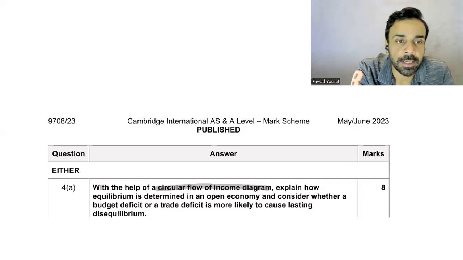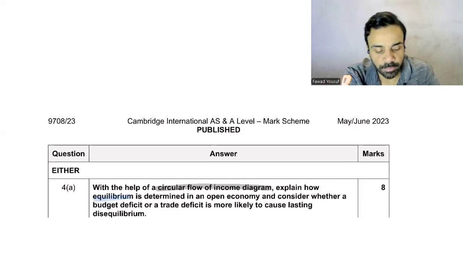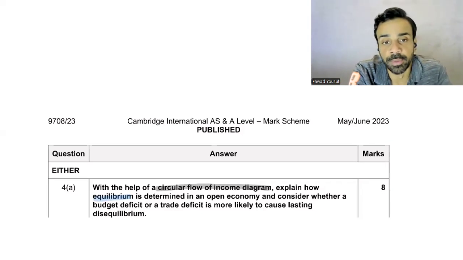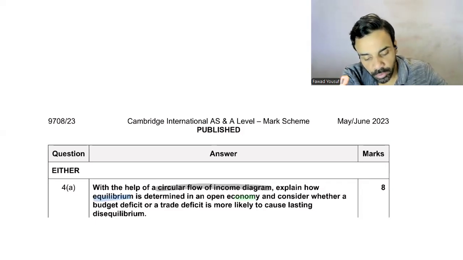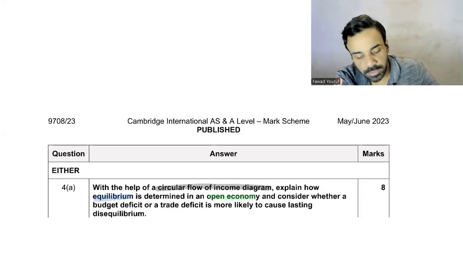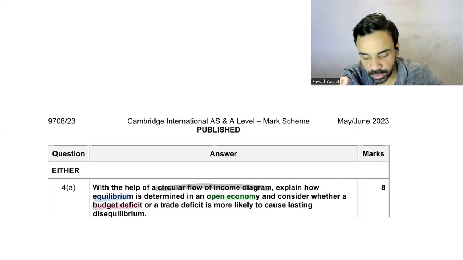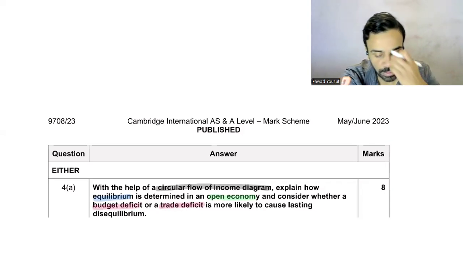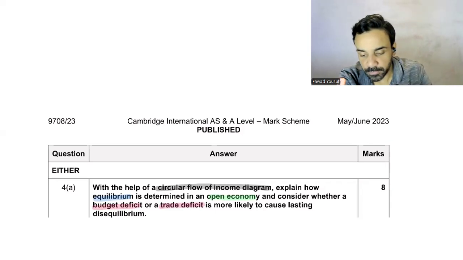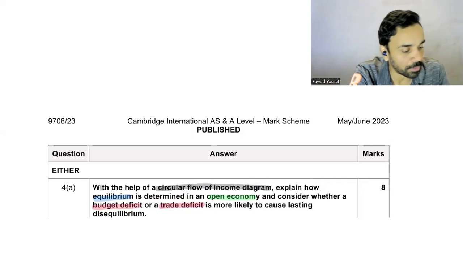There are certain terminologies which are really important in this one, like equilibrium, like open economy, and then they are also talking about some very interesting concepts over here. Okay, so how should we go about this question?